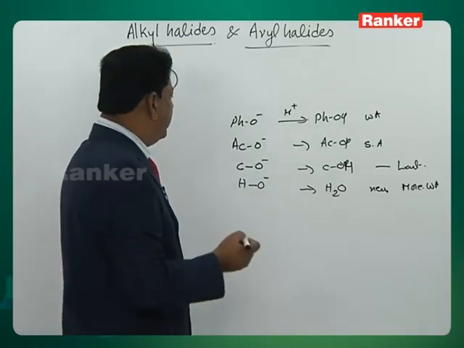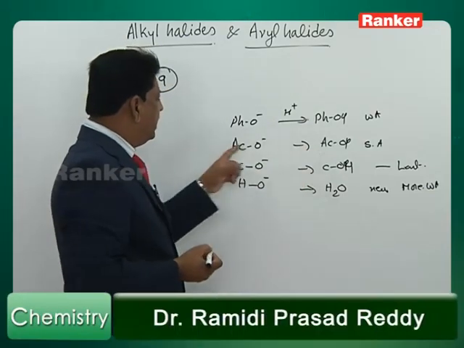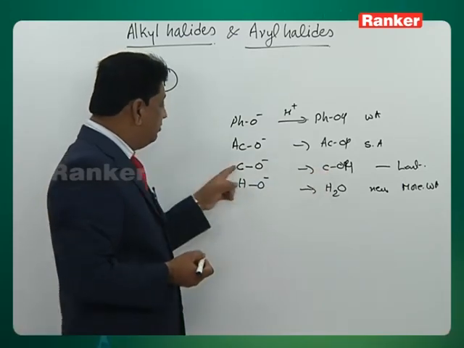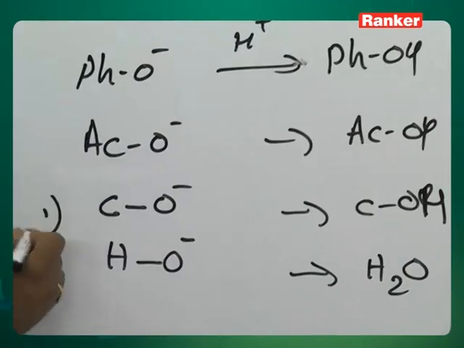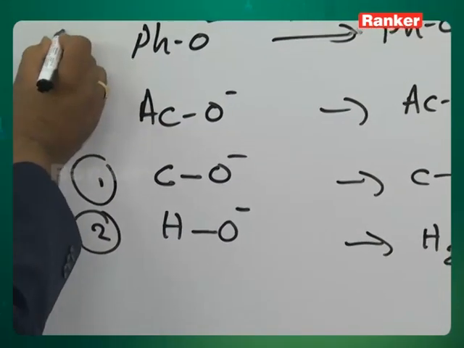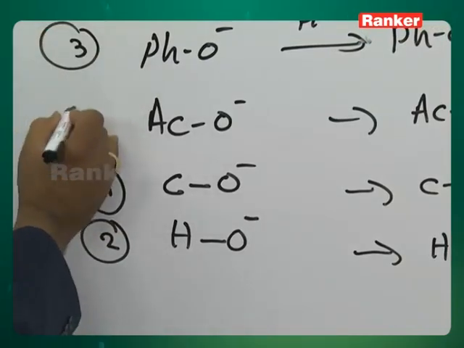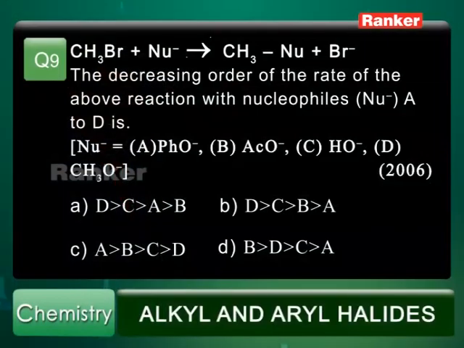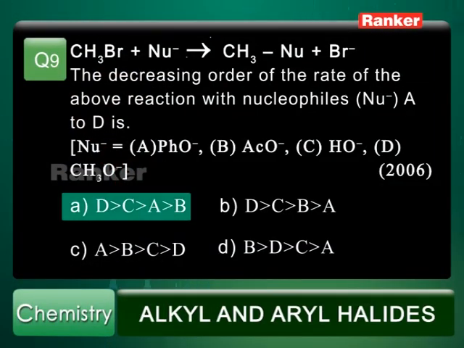Then the order is that the strongest acid gives the weakest base, and the weakest acid has the strongest base. So methoxide is the strongest base, the next comes hydroxide, then phenoxide, then acetoxide. The strongest base is methoxide anion, so the order goes to A. Answer A is the right answer.